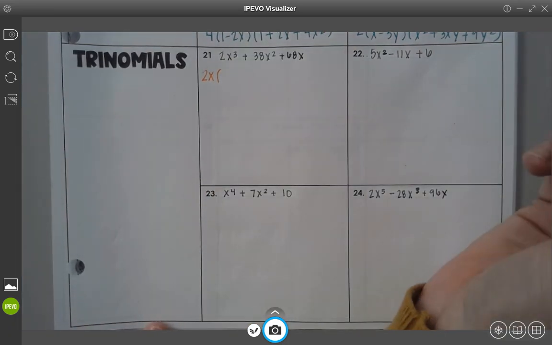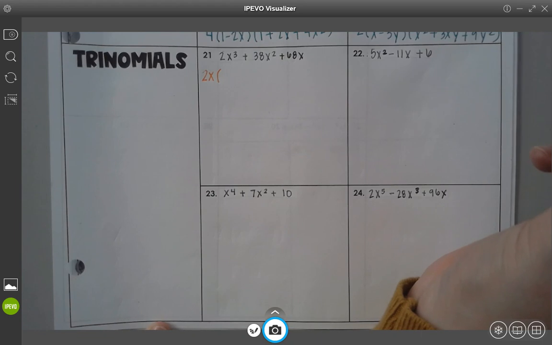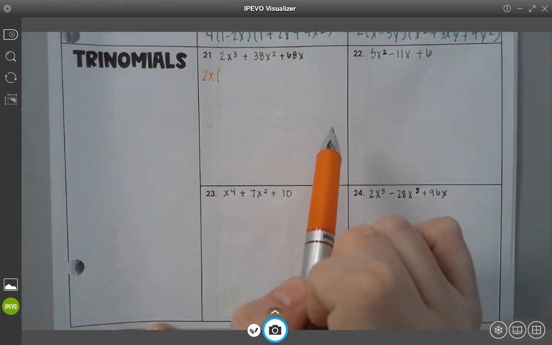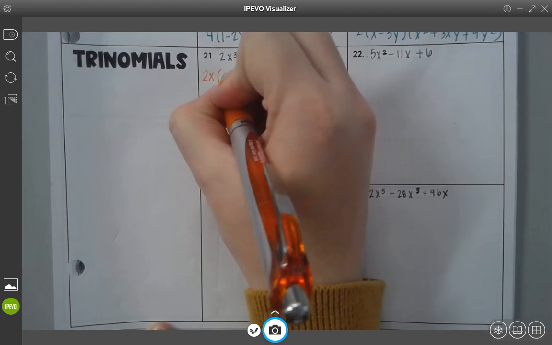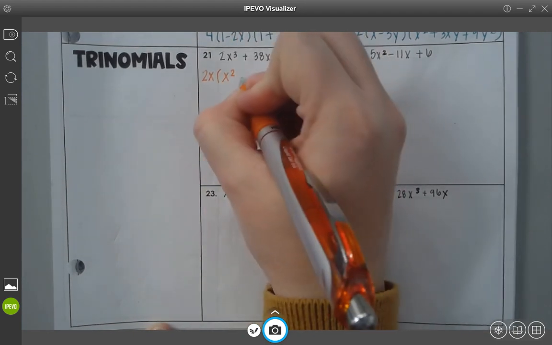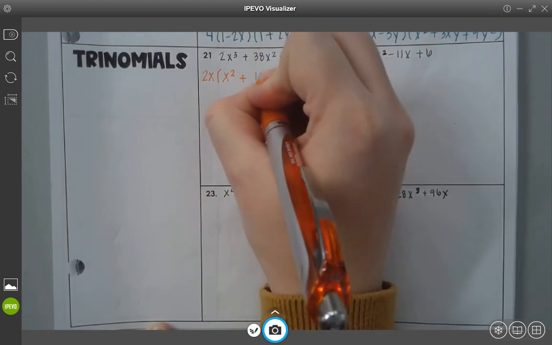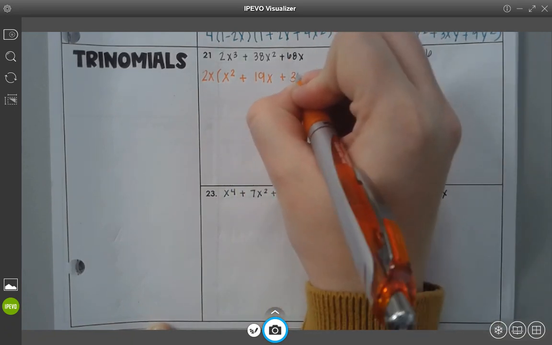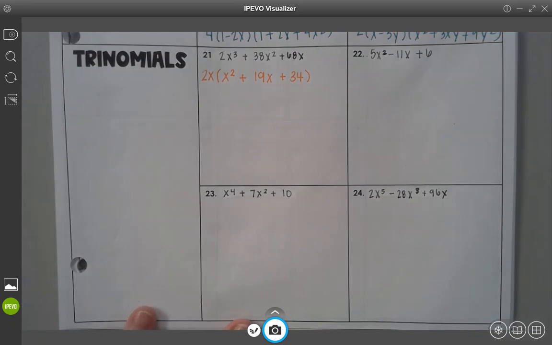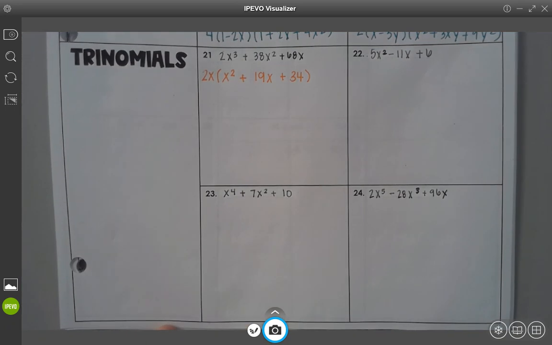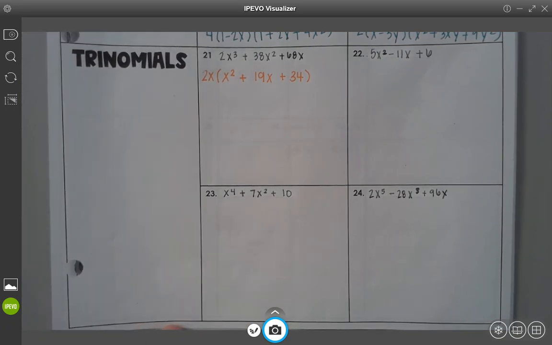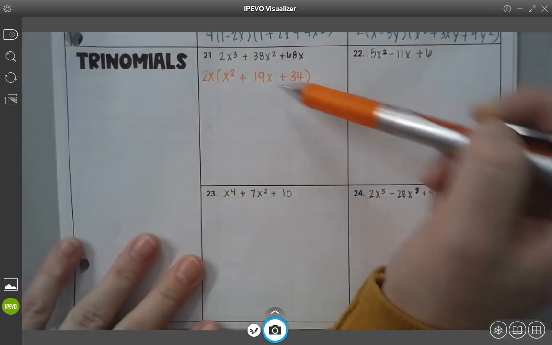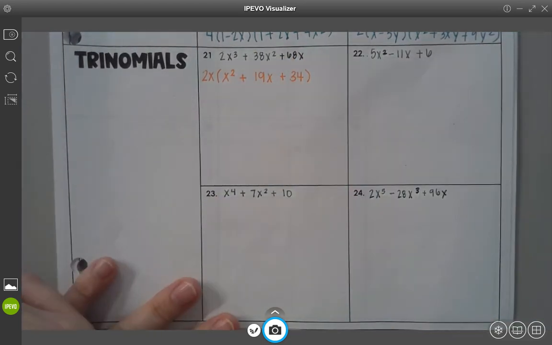When we factor out a 2x, we're dividing each term by 2x. So this leaves me with x squared plus 19x plus 34. And then what's left in the parentheses, that's what I factor.